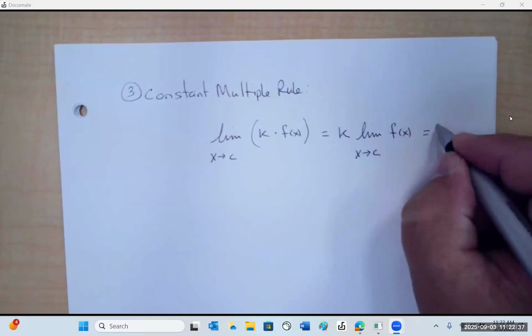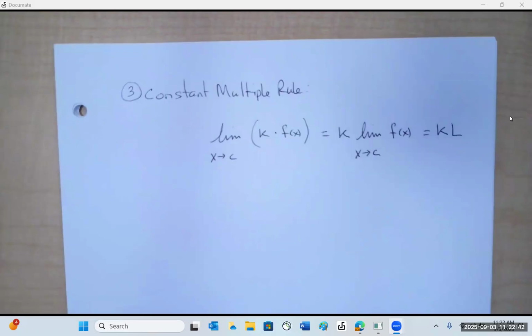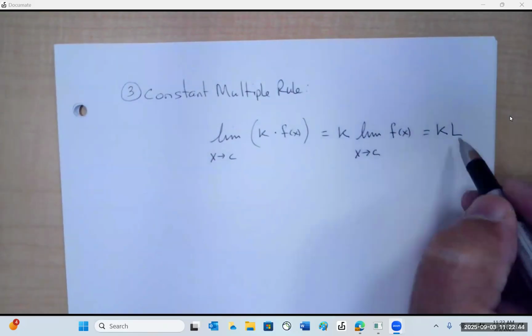Which now means my final answer is k times L, because the limit of f of x is L.